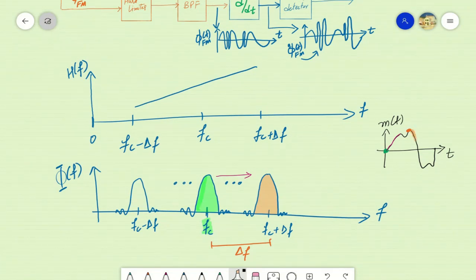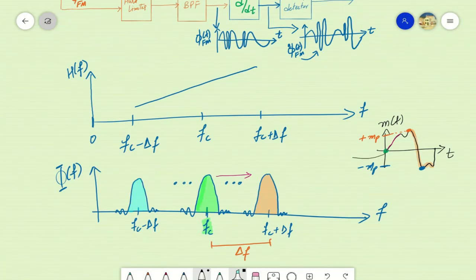Similarly, along with a decrease in the amplitude of the information signal, a decrease in the frequency of the modulated signal will be observed, and for the time instant when a negative peak, for example minus mp, is observed, the frequency of the frequency modulated signal will be fc minus delta f, and the sinc will be positioned at fc minus delta f.